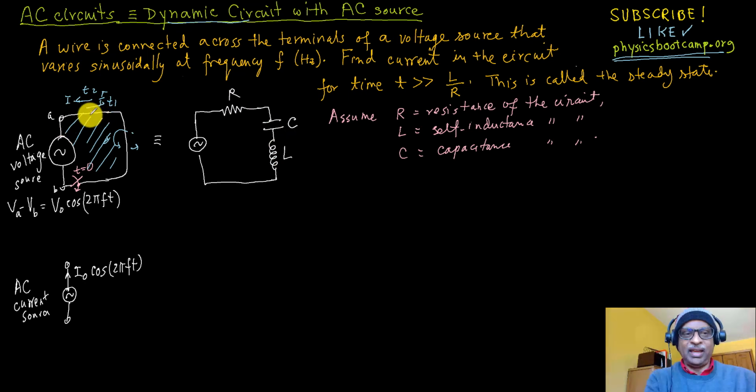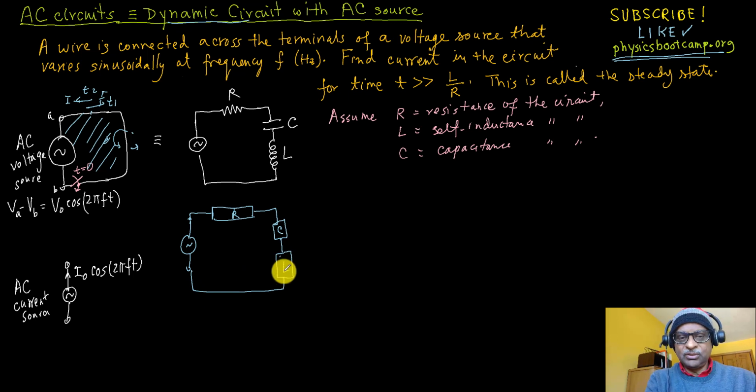Of course, you can build a circuit. This is my AC source, and I can put a resistor here which is way more than all the other resistance anywhere else. With the resistor, I can put a capacitor here, and I can put an inductor here, and so the inductance of this dominates the self-inductance from there.